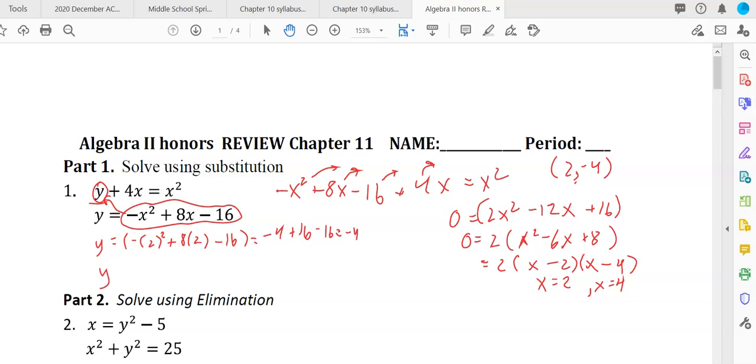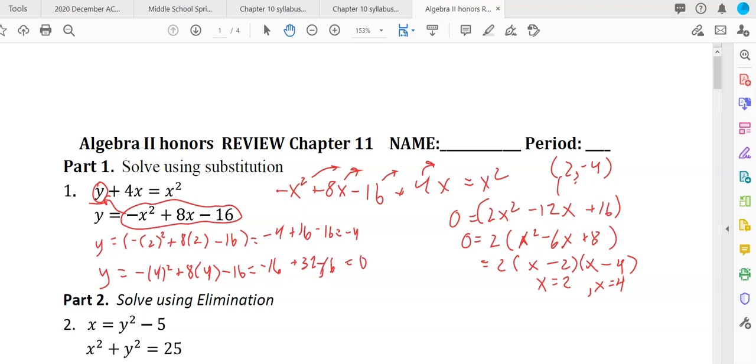And plug in 4 there, so everywhere there's an x, I'm plugging in a 4. So negative 4 squared plus 8 times 4 minus 16 is negative 16 plus 32 minus 16 equals 0.